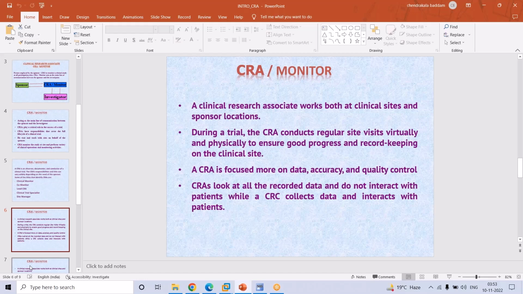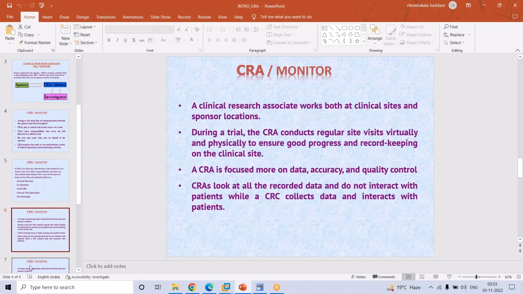Some documents will be available electronically, online. So CRA will log into the database and will check the data there. And sometimes they have to physically visit the site, travel, visit the site to ensure good progress and record keeping on the clinical trial site.